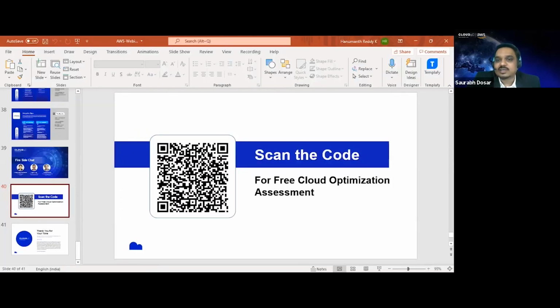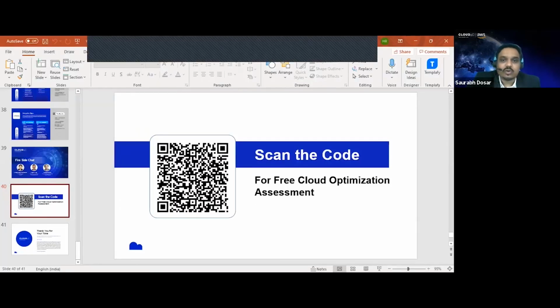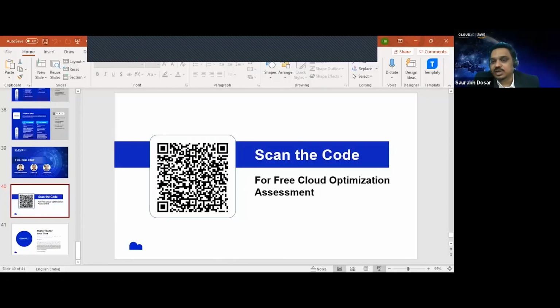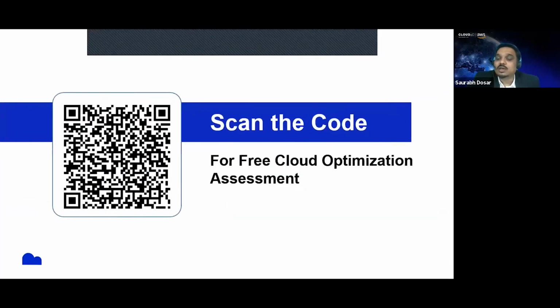This is the QR code which you can use for registration and next steps. If you talk about two or three key use cases, one is BCP practices, how you are going to define your BCP.